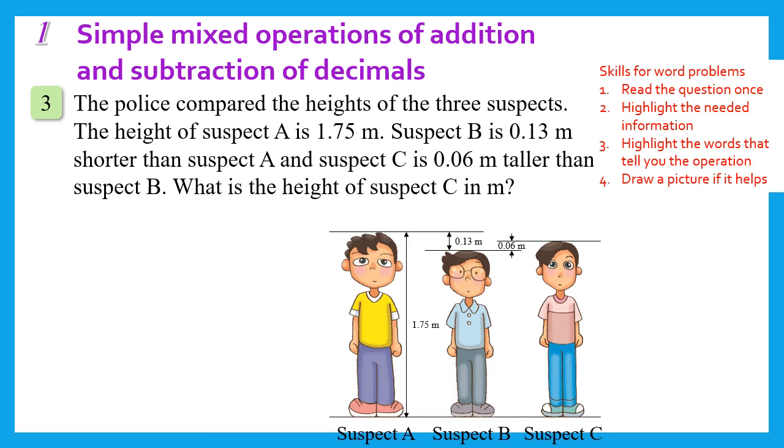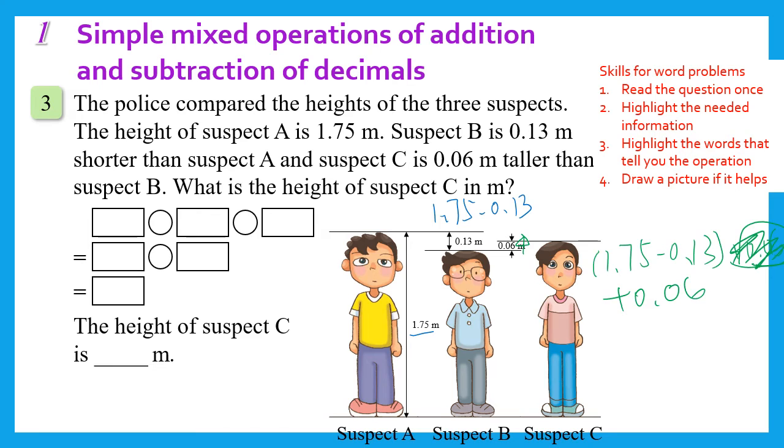You know that A is 1.75 and B is shorter than A, so B should be 1.75 minus 0.13. And for C, C is taller than B by 0.06, so C should be the height of B plus 0.06.